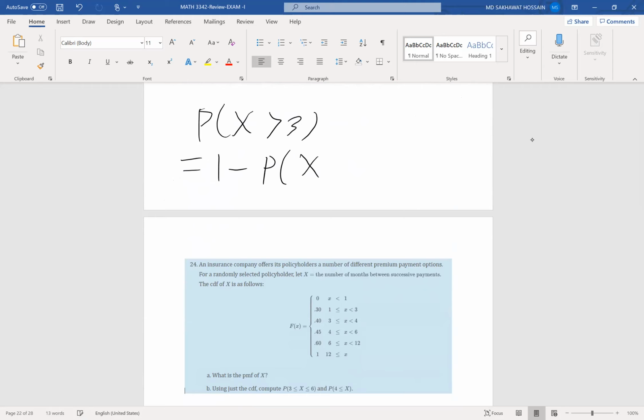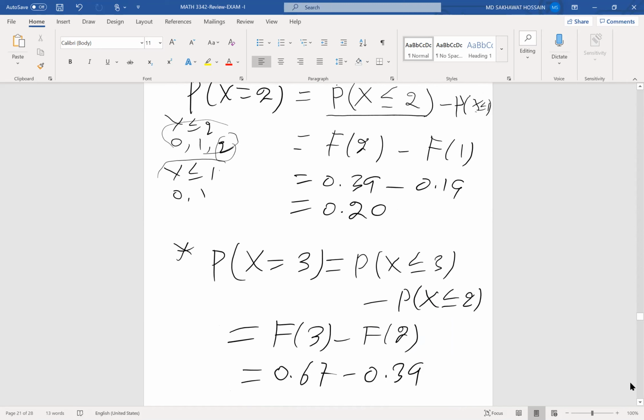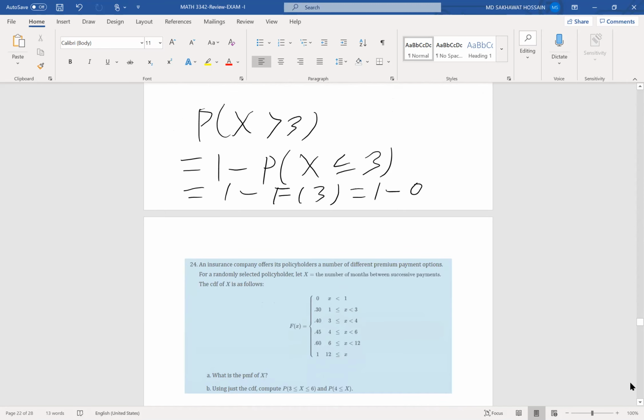We use 1 minus the probability of x less than or equal to 3. That means 1 minus f of 3, and f of 3 is 0.67. So 1 minus 0.67 is the probability.